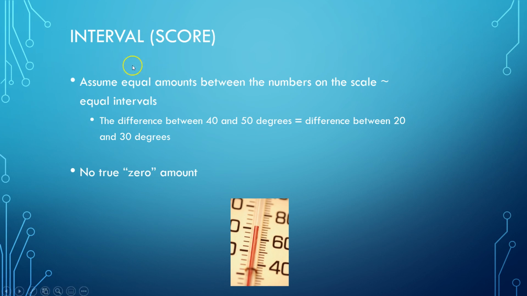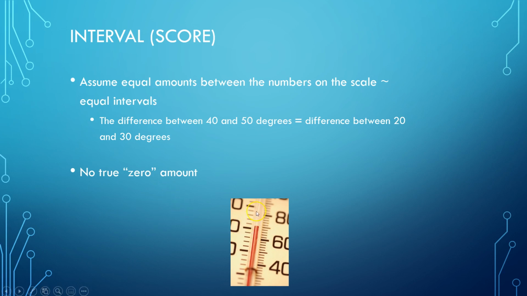The difference between interval and ratio scales of measurement, which we're going to get to next, is that in an interval scale of measurement, we say there is no true zero. What does that mean? What is a true zero? Think back to elementary school, when you're learning numbers. What does zero mean? Zero means nothing. Zero is the absence of something.